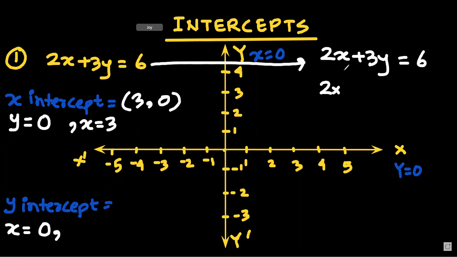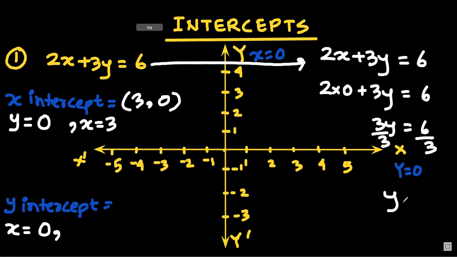So 2 times 0 plus 3y equals 6. 3y equals 6. You can divide both sides by 3 and you will get y equals 6 over 3, that's 2. So y equals 2. You are getting the point (0, 2), so the y-intercept will be (0, 2).